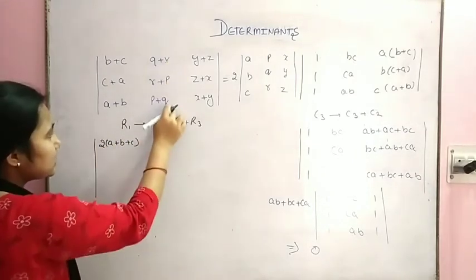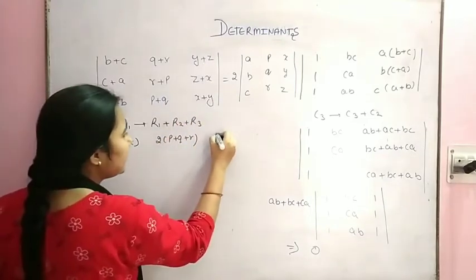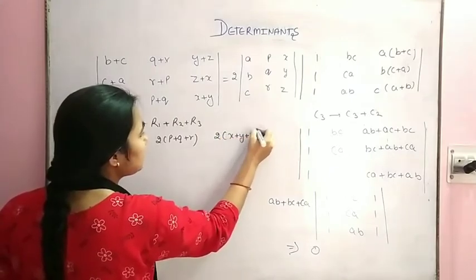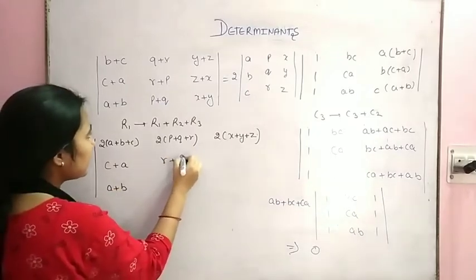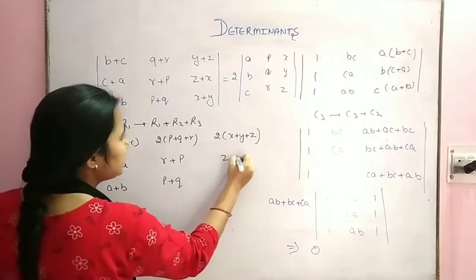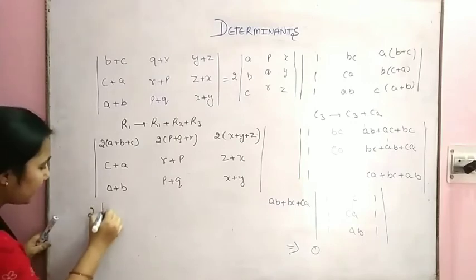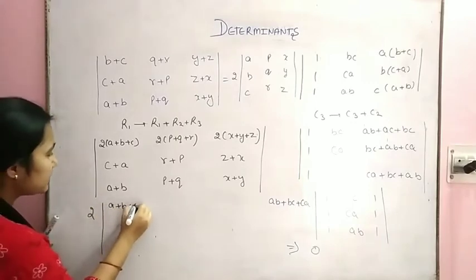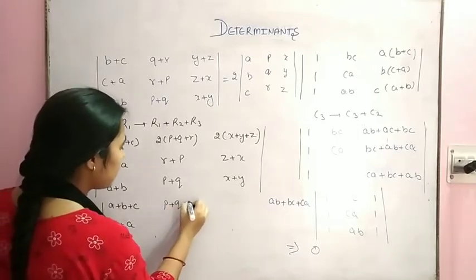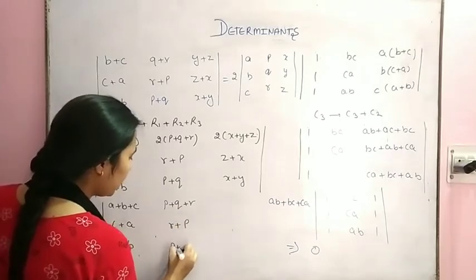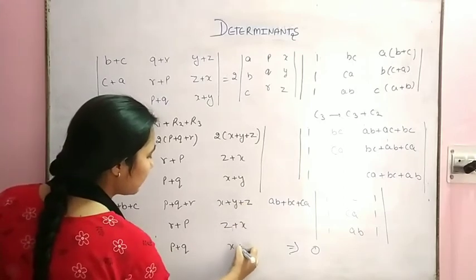And same, if we add these three elements, we get twice of P plus Q plus R. And if we add these three, we get twice of X plus Y plus Z. And remaining are the same, Z plus X and X plus Y. Now taking two common from R1, we get A plus B plus C, C plus A and A plus B. Similarly, P plus Q plus R, R plus P and P plus Q, and X plus Y plus Z, Z plus X and X plus Y.